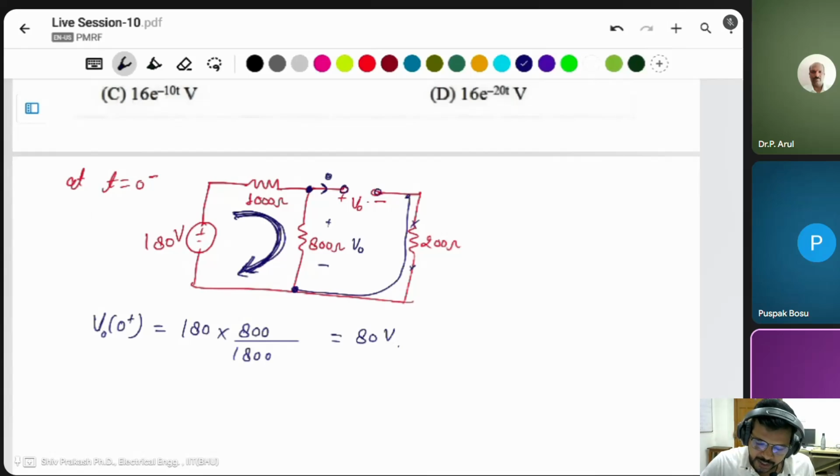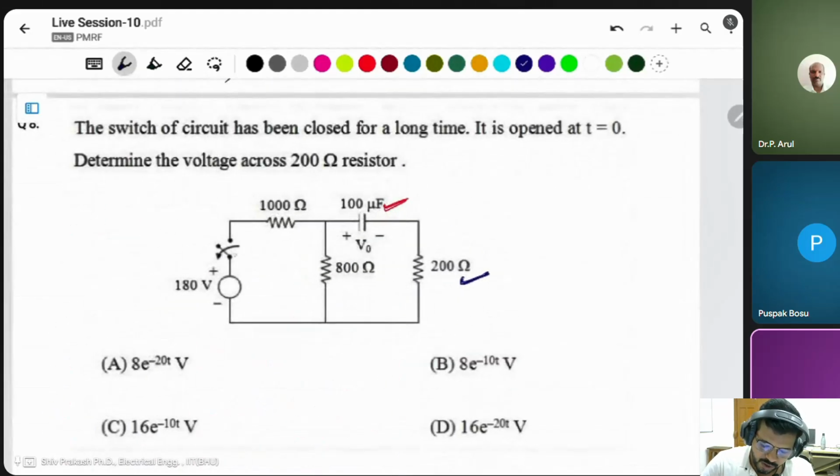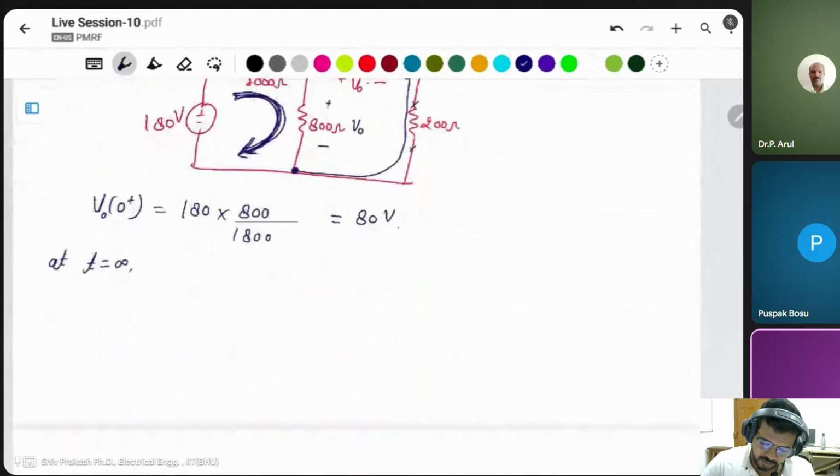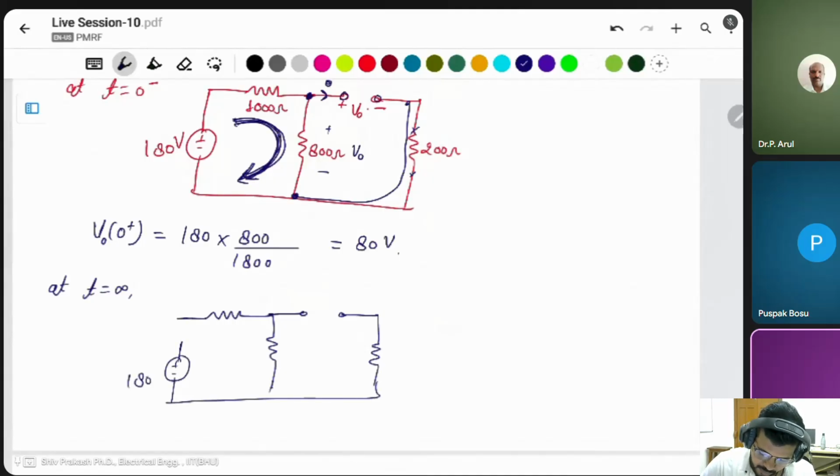Now at t equal to infinity, the circuit is open. It means the voltage source is cut out. In that case, this is again an open circuit. 180 volt, 800 ohm, 200 ohm.